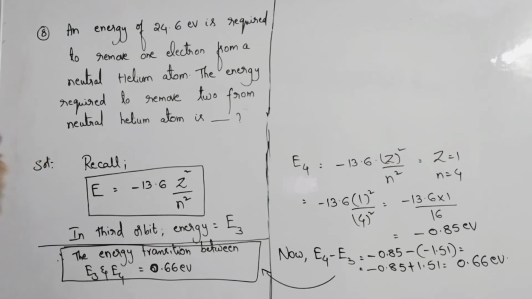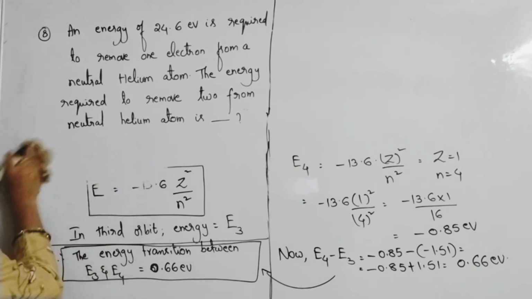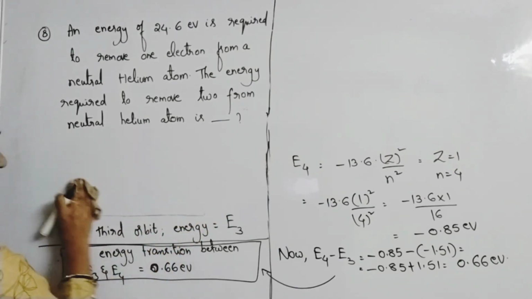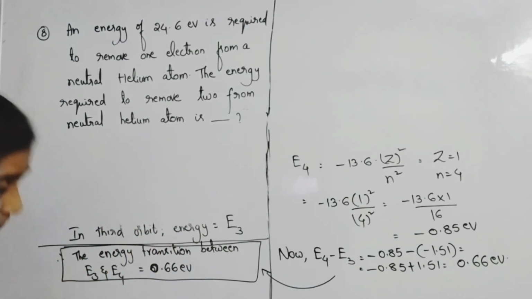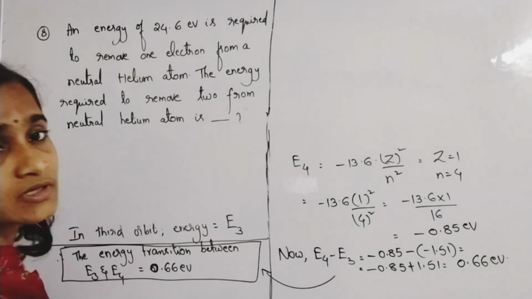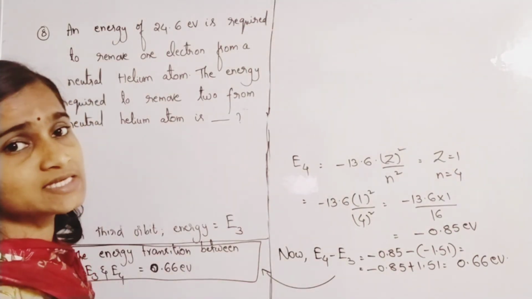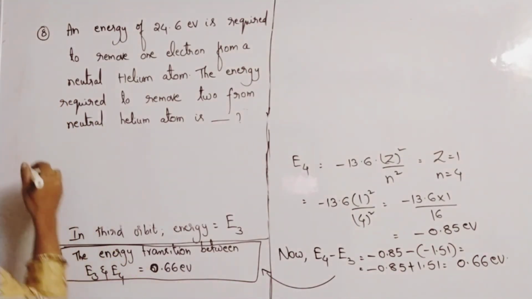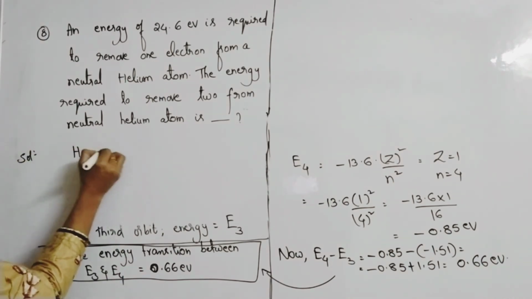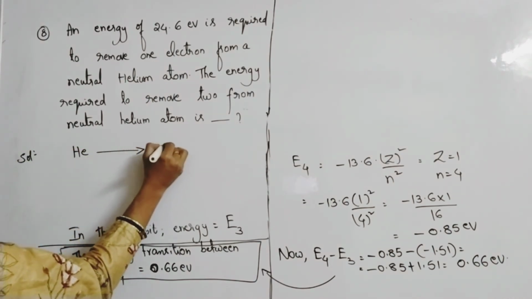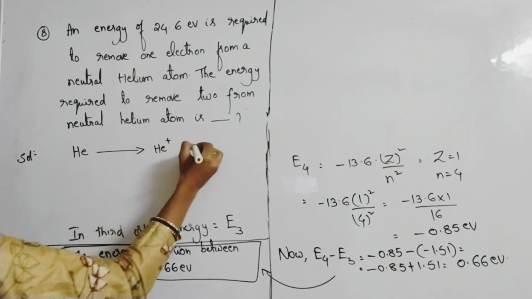So to remove one electron from helium atom, the energy required, you call it as first ionization energy. And from that, one more electron is to be removed. That will become your second ionization energy. So first, helium gives rise to He plus ion. This is called as what?